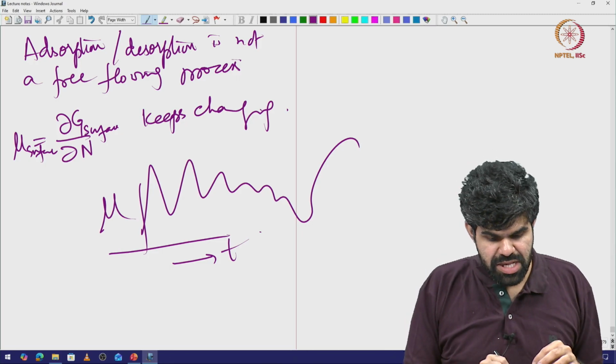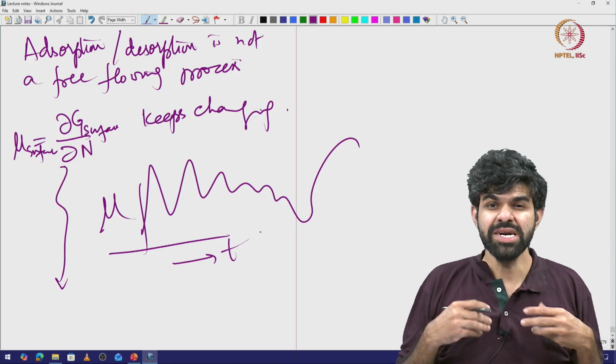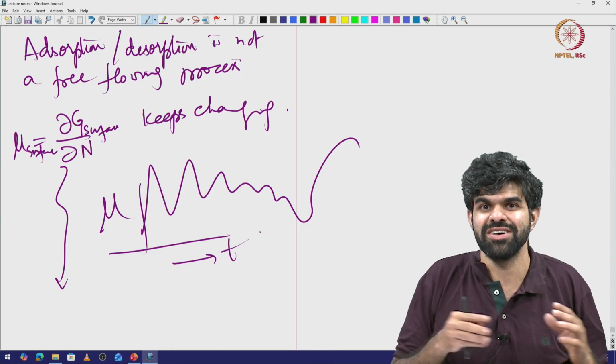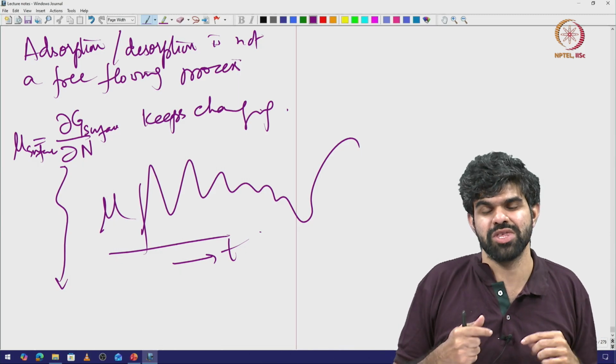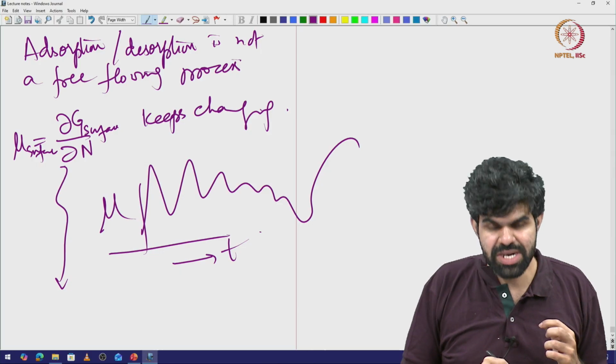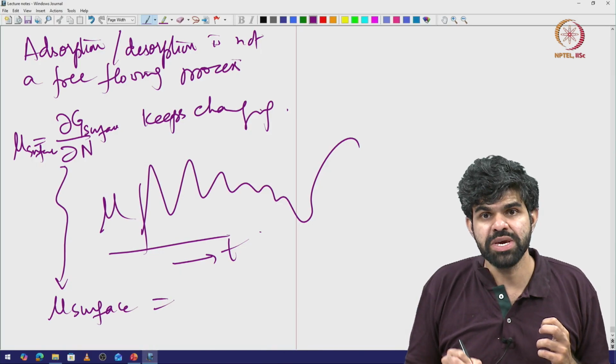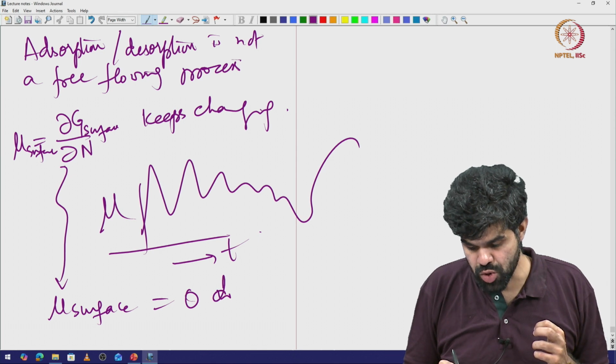So this happens in growth, but it's not very ideal for me to calculate anything using this kind of a rigid, rough growth process. So ideally I want my chemical potential mu surface to be 0 during growth, or delta mu surface should be 0 during growth.